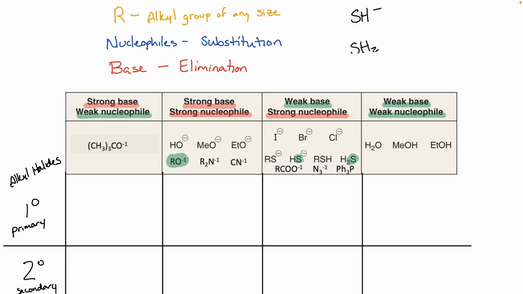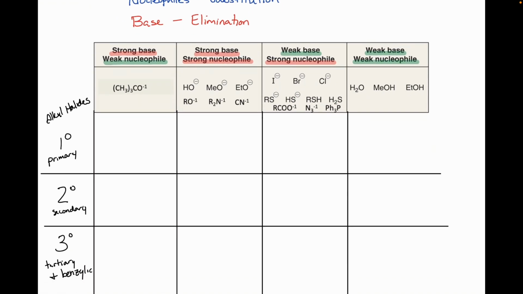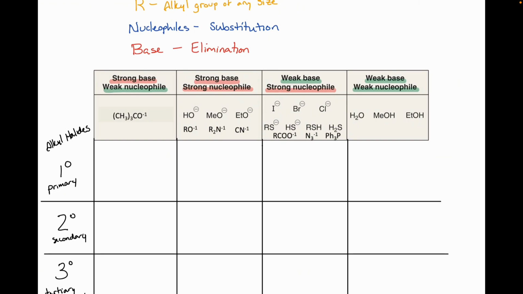So let's fill in this chart here. First of all, the two easiest categories are the strong base weak nucleophile and the weak base strong nucleophile. And that's because, again, bases like to do elimination reactions. Nucleophiles like to do substitution reactions.